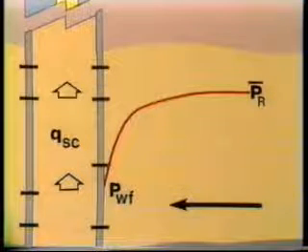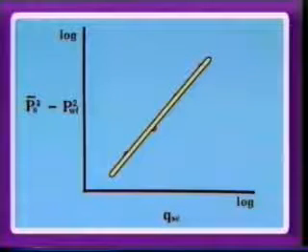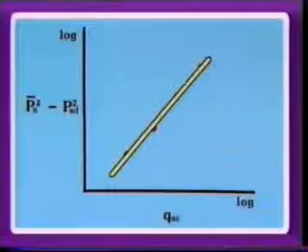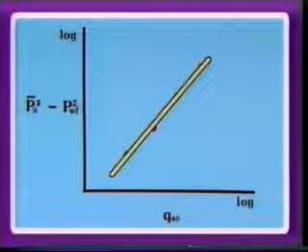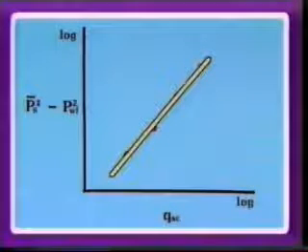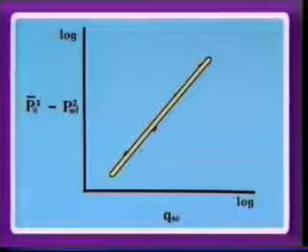Knowing the static reservoir pressure, we can plot the point P sub R squared minus P sub WF squared versus Q sub SC for each measured rate. Draw a best fit line through the points, and obtain the necessary value for 1 over n, then n, and then C. The calculation of n and C is rather direct.